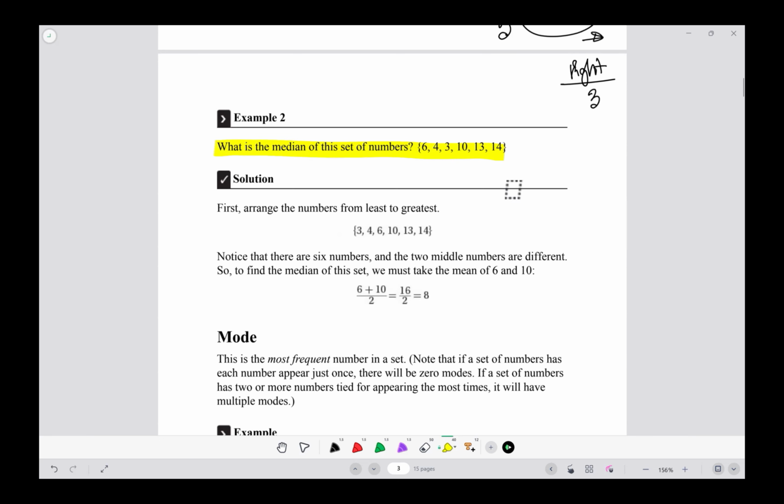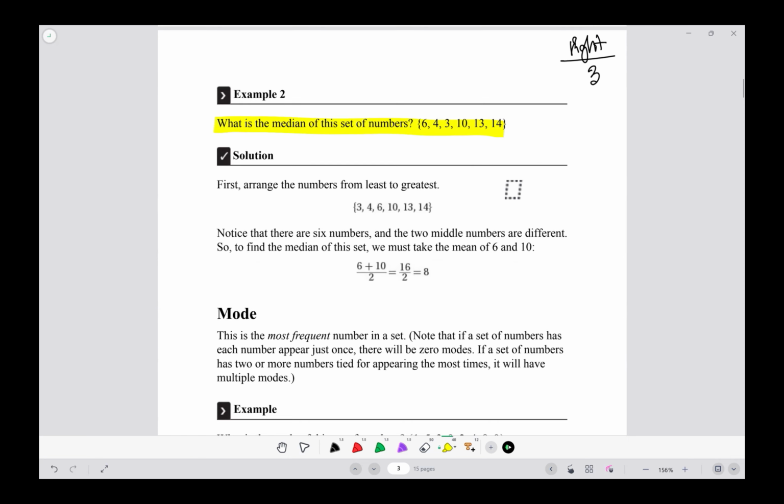You need to take the mean of these 2 numbers to find the median. You arrange them in sequential order, and then 6 and 10 are both in the middle position, because on the left side we have 2 items, and on the right side we also have 2 items.